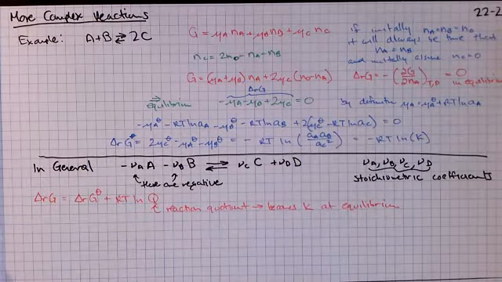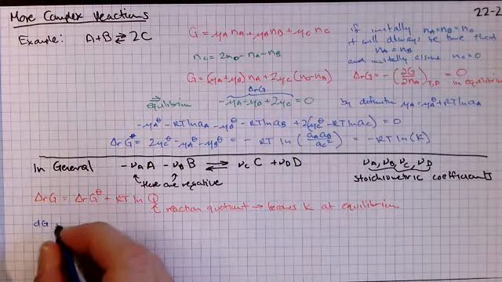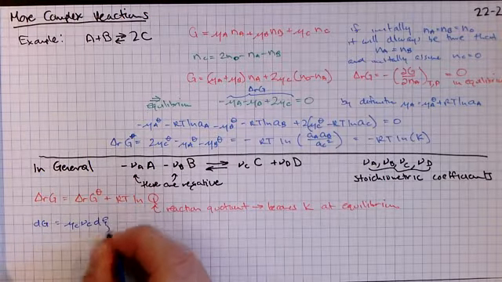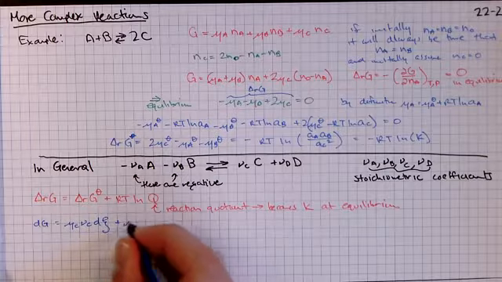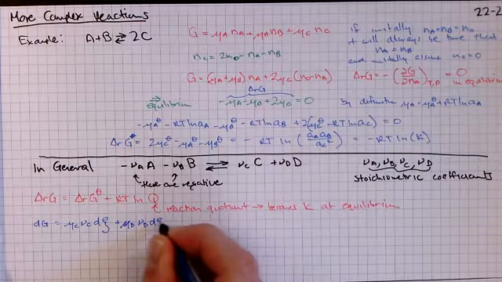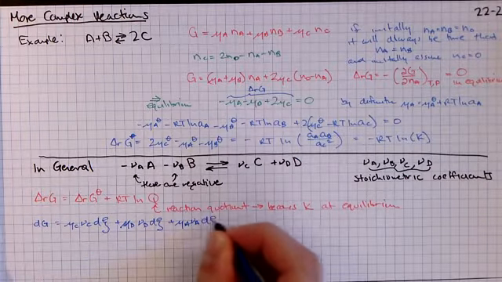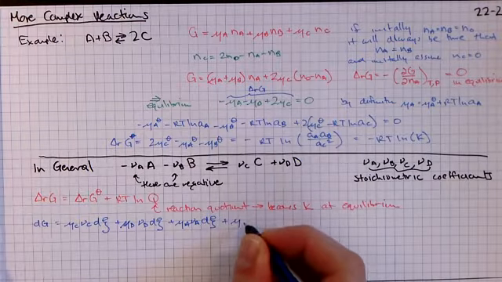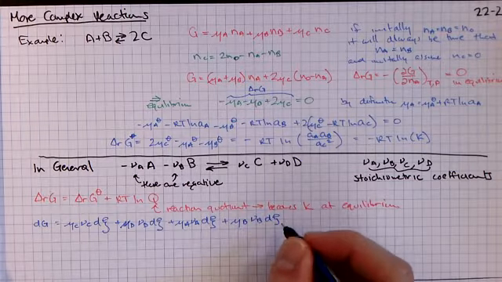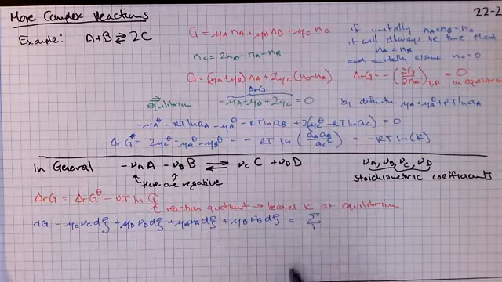And since we know we can write down our dG for this general reaction as mu C nu C d psi plus mu D nu D d psi plus mu A nu A d psi plus mu B nu B d psi, right? We can write this in general as the sum over all the participants in the reaction.